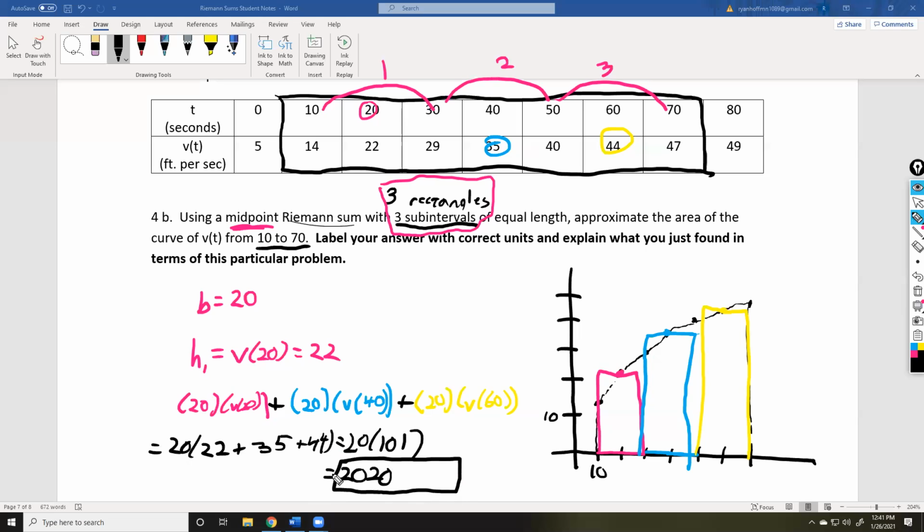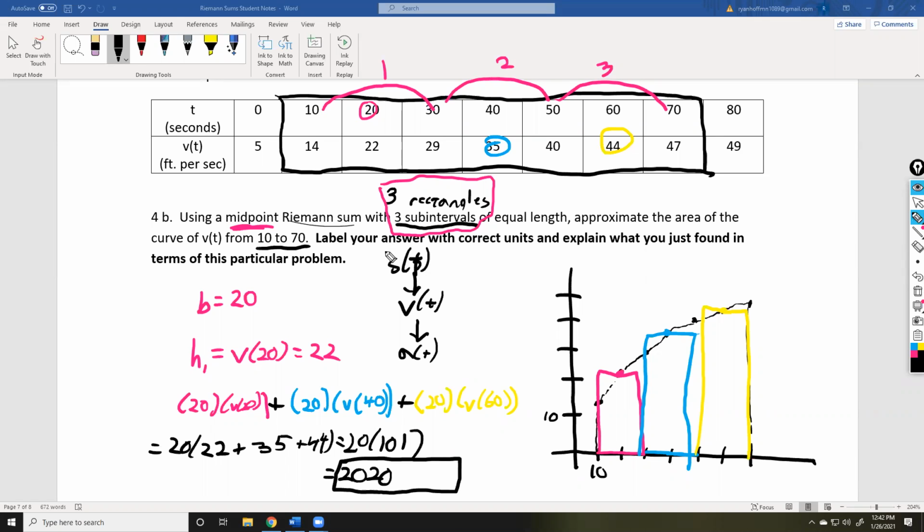The units here, we were given v of t. If I were taking the derivative, I would get acceleration. But the antiderivative here, which is what we're approximating, working backwards, remember, is position.